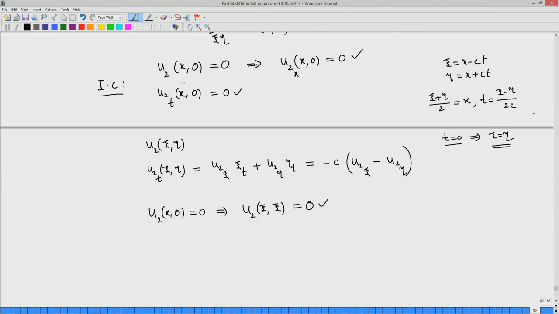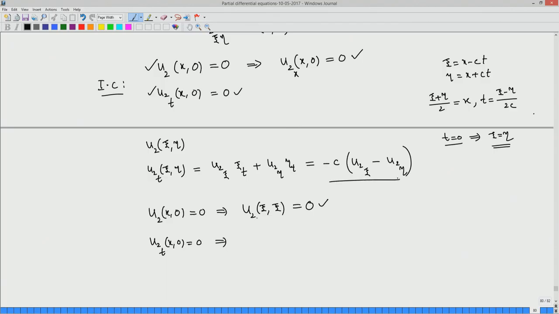So, that is the first initial condition. The second one, the time derivative u2t at x,0 equal to 0, will give me the second condition.